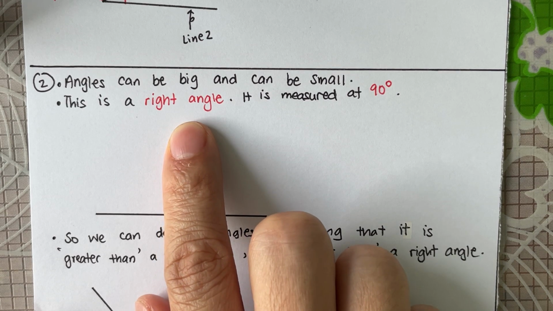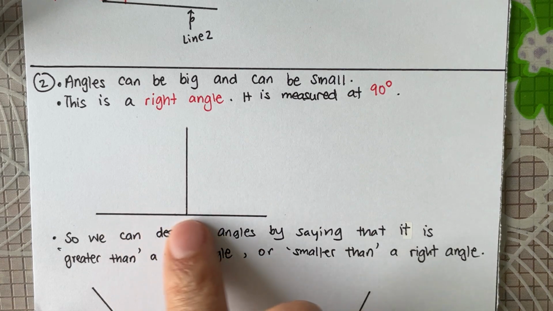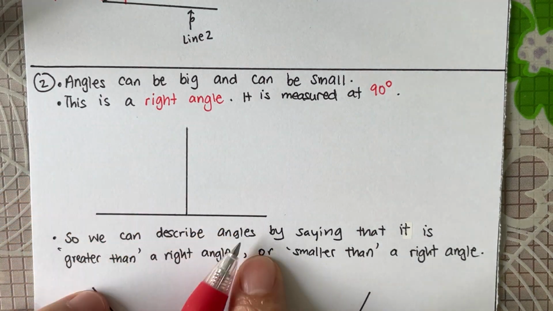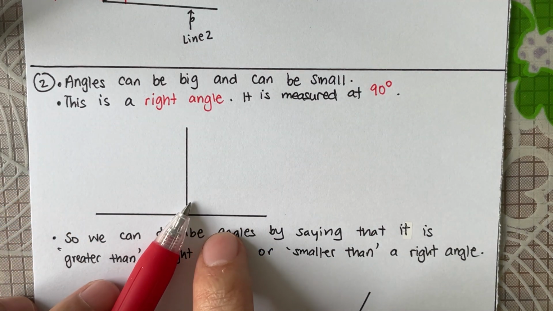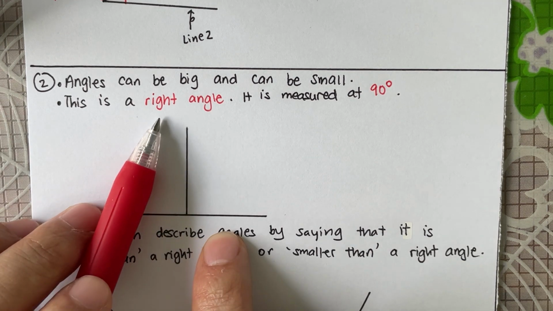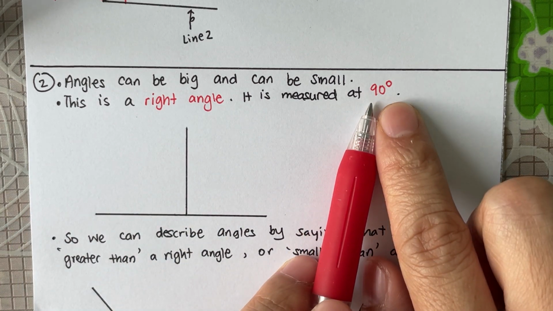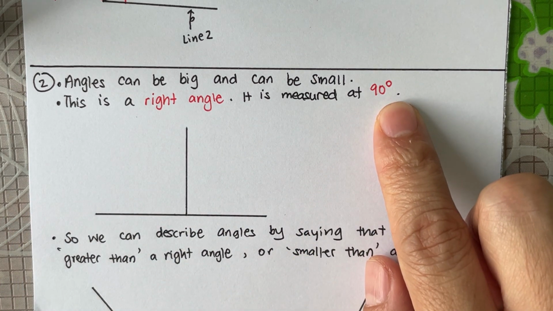Now, what is a right angle? A right angle refers to an angle. Okay, remember, angle is where two lines meet to form a certain space between them. Now, a right angle is this space that is measured by the protractor to 90 degrees.